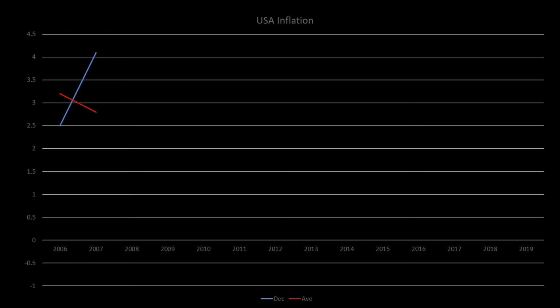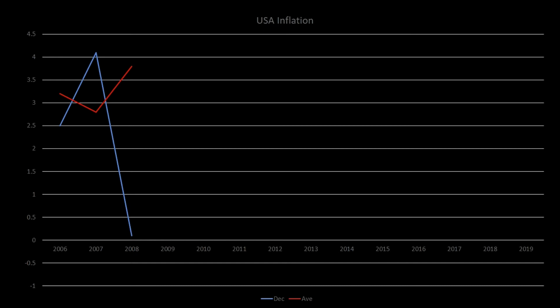The changes between the last month and the average mean the overall year inflation rate was lower than the last month's. And you're going to see a drastic change in 2008. In 2008, the December inflation rate was 0.1 and the average was 3.8.